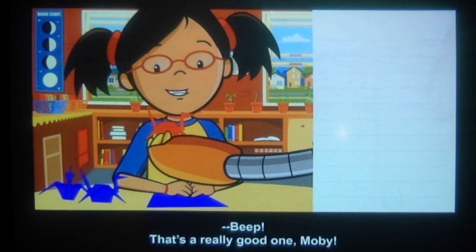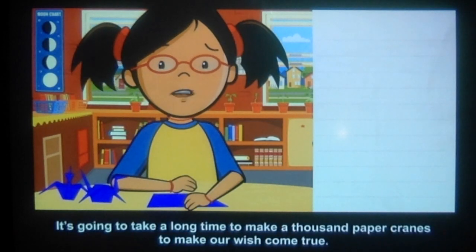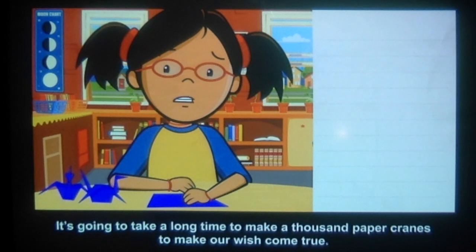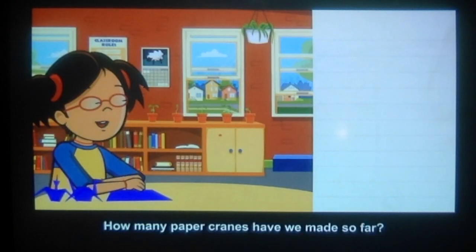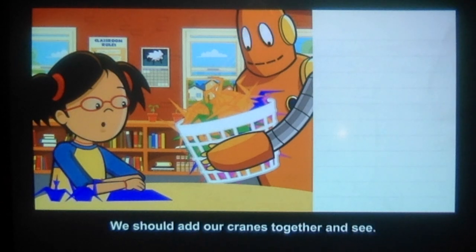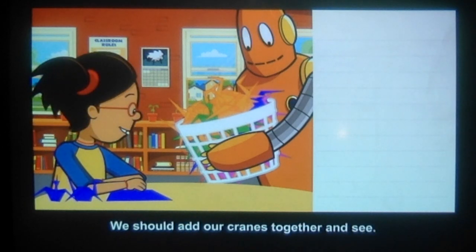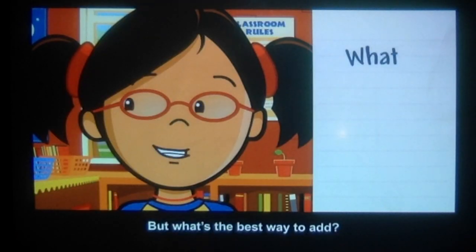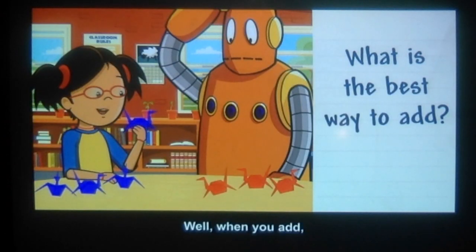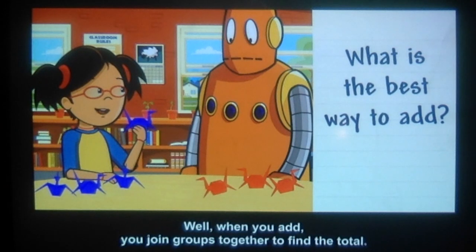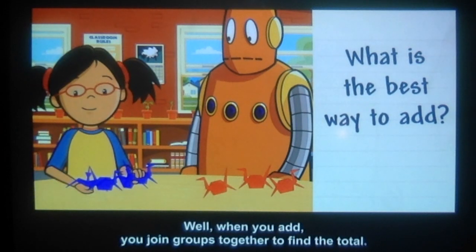That's a really good one, Moby. It's gonna take a long time to make 1,000 paper cranes to make our wish come true. How many paper cranes have we made so far? We should add our cranes together and see. But what's the best way to add? Well, when you add, you join groups together to find the total.